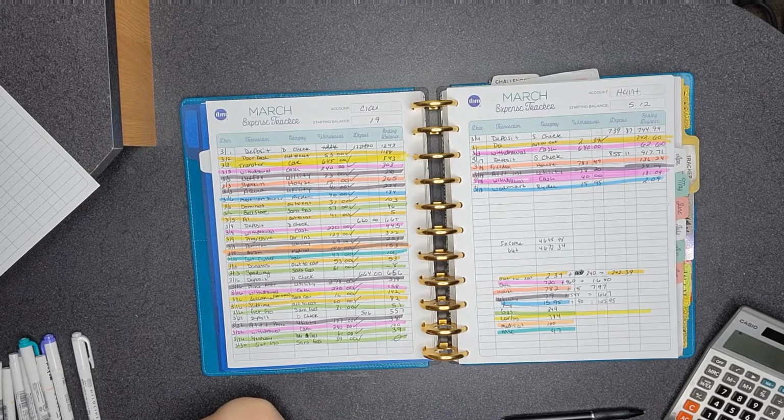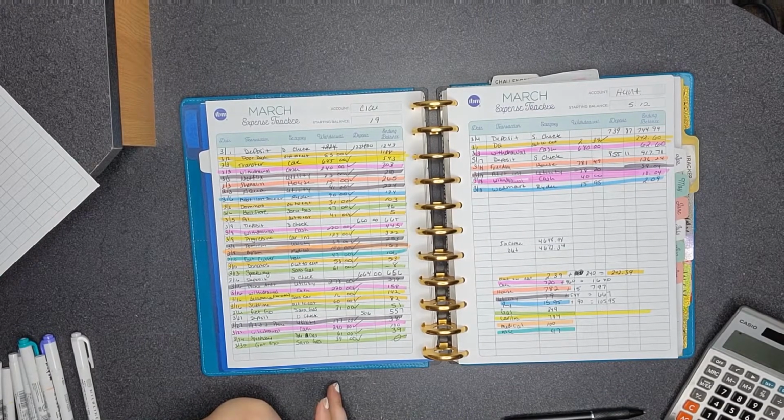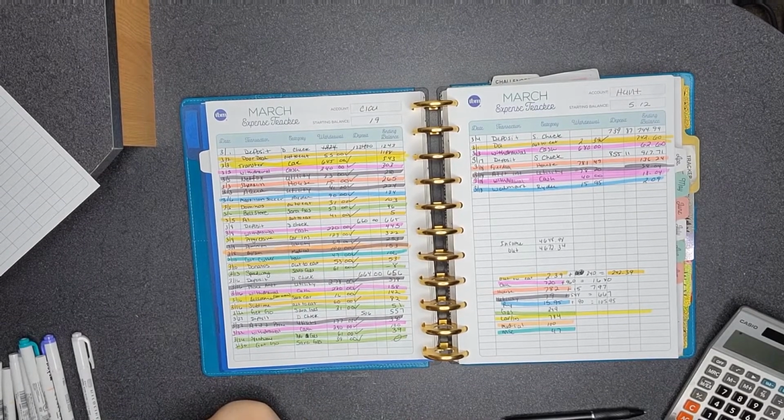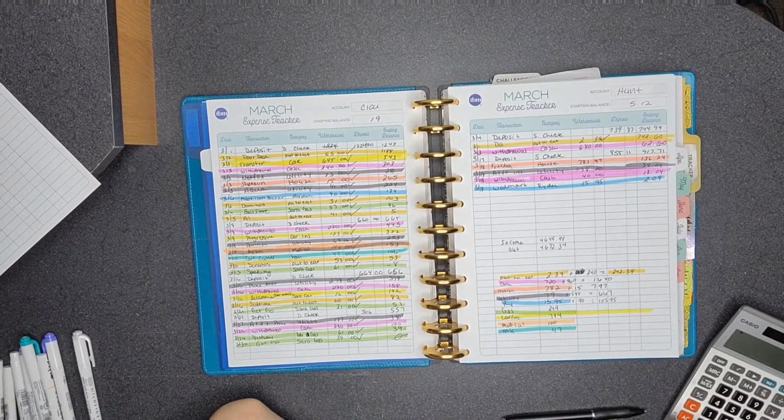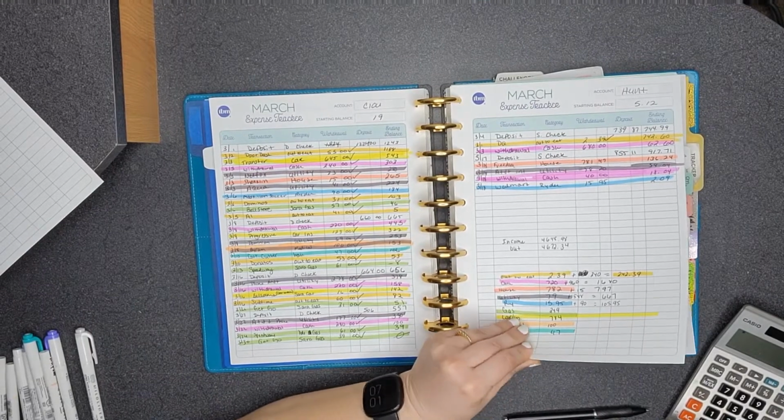Rider was $105.95. Gas, we spent $249. For the car expenses, we spent $784. Medical was $100, and then miscellaneous was $47. And I believe that was just a haircut, and I got my eyebrows waxed. So that is all for that part of it.